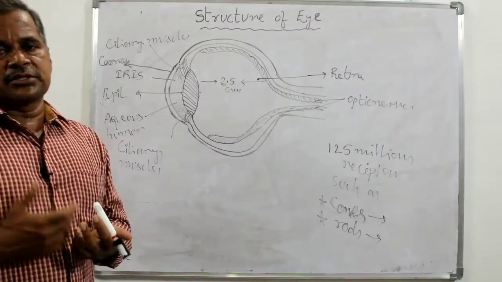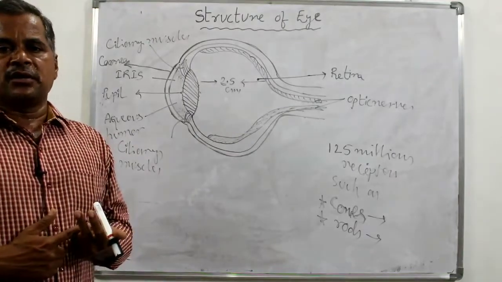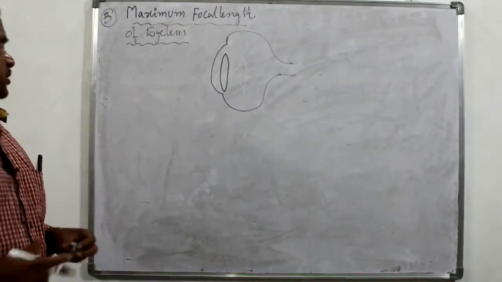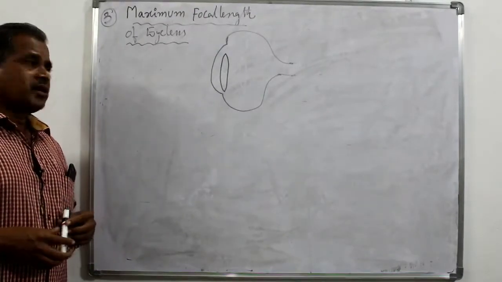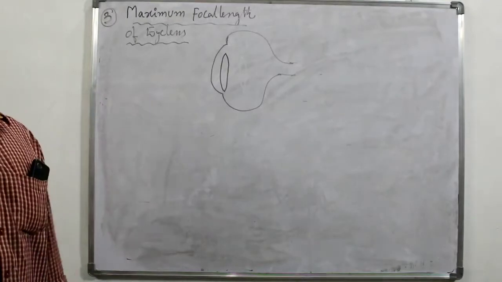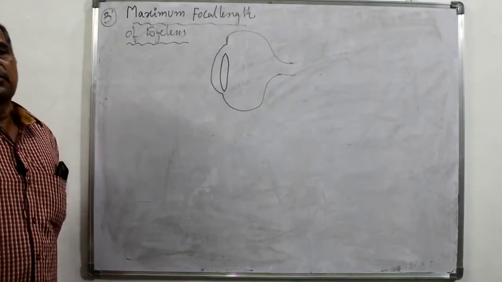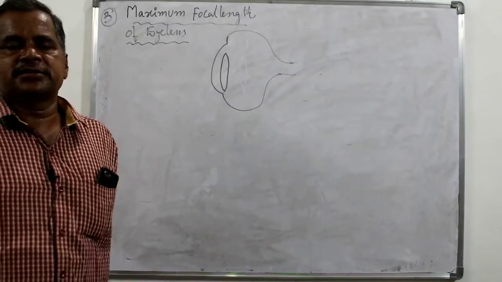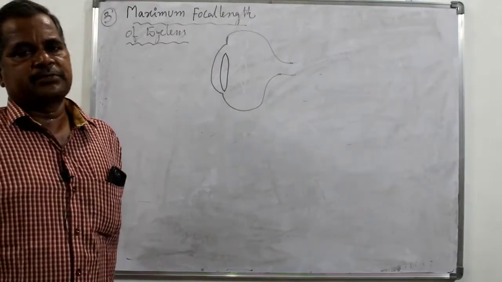Now we are going to discuss the maximum focal length of the eye lens. Just now we discussed that when we see objects placed at infinite, distinct, or far distances, the ciliary muscles get relaxed so that the focal length of the eye lens becomes maximum.